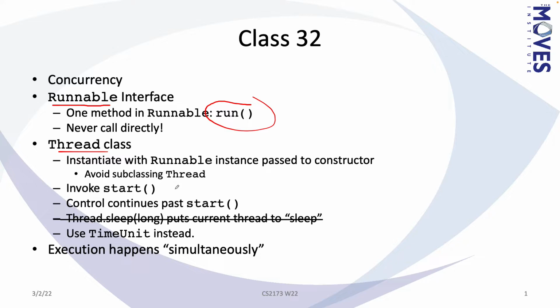And when you tell a thread to start, that's what starts the whole multi-threaded thing under the hood. Because what happens, and it's kind of interesting, normally when you call a method, it does its thing and then it returns. When you call start on a thread, it literally starts the thread but then returns immediately.